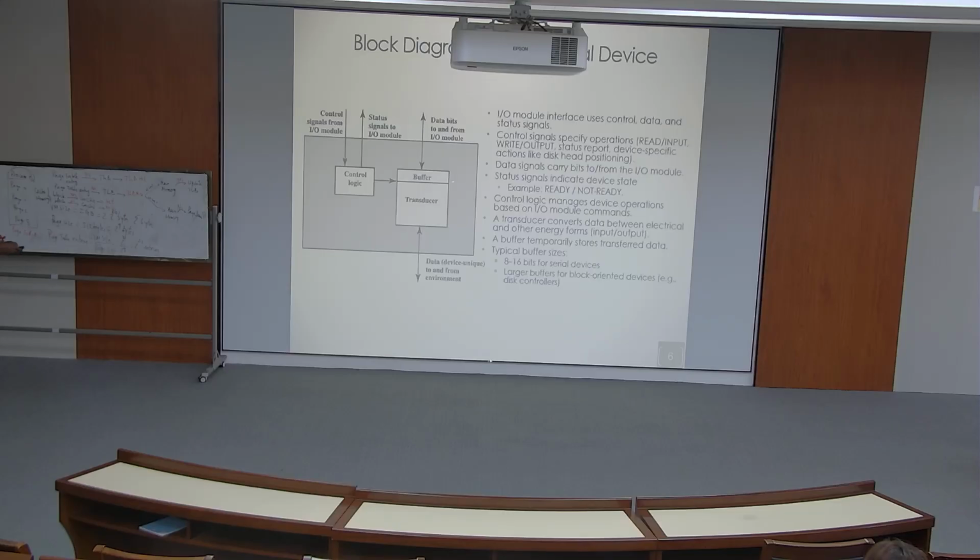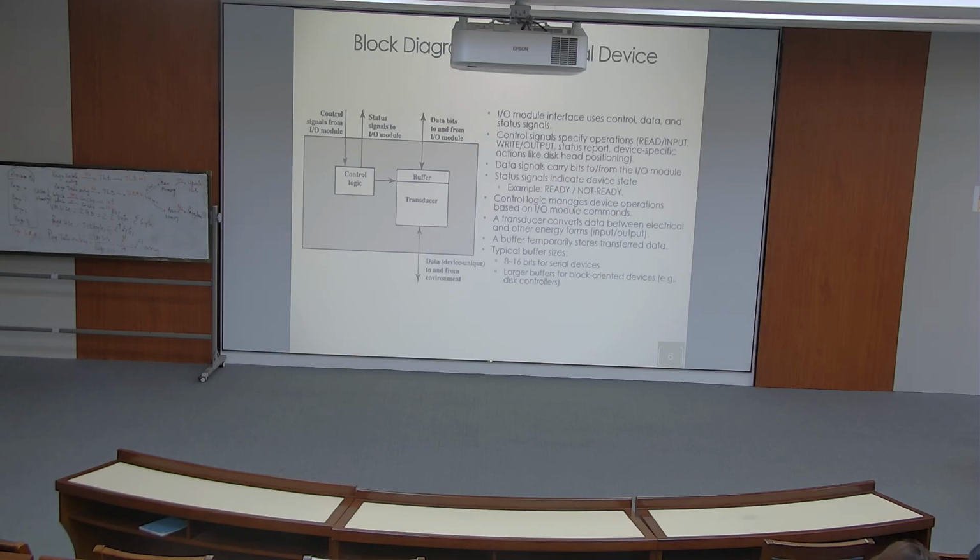We also have a buffer here which temporarily stores the data, and this typically has a size of 8 or 16 bits for serial devices. We may also need a big buffer, especially for block-oriented devices, like the disk controller.